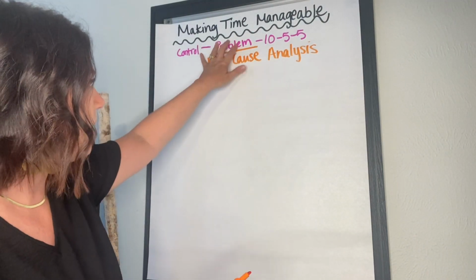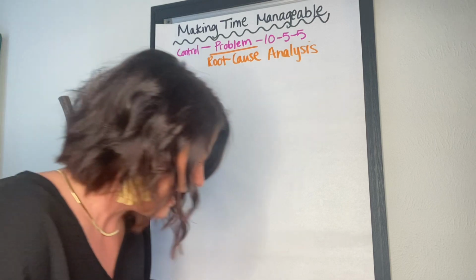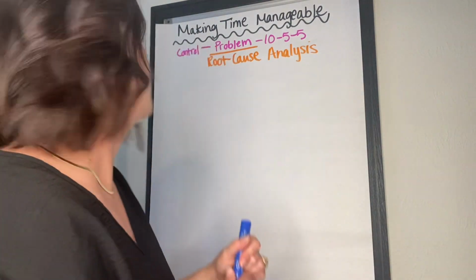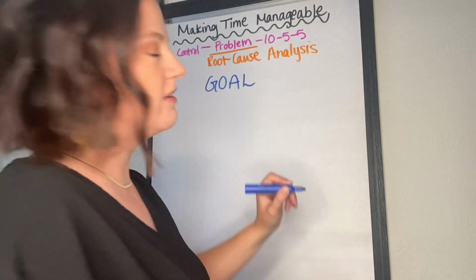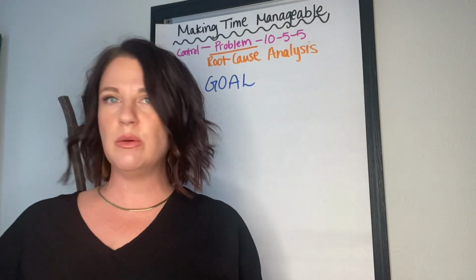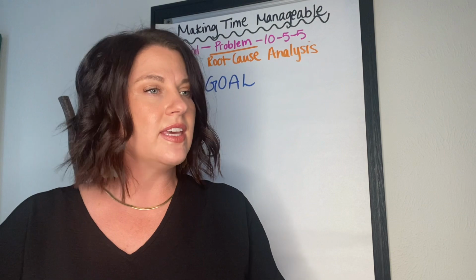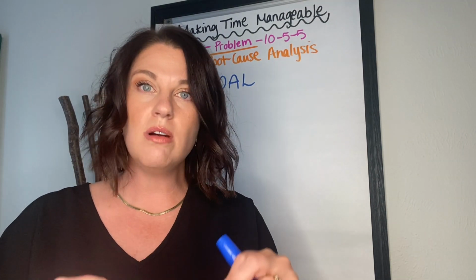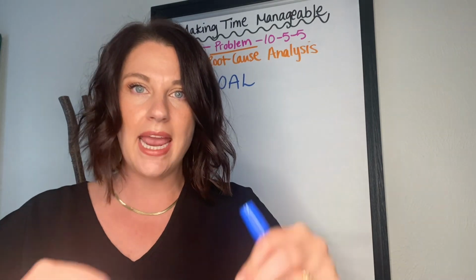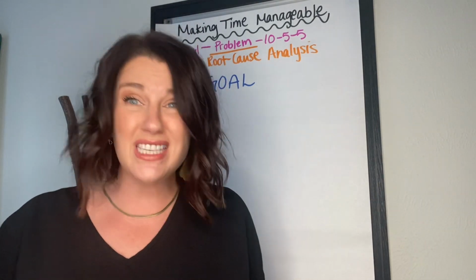So we have our problem, we have our root cause analysis, and then you are going to determine a goal. And you want it to be SMART, very specific and measurable. You want it to be realistic. And the kicker is, when you develop this goal, you are making the main thing the main thing. All other initiatives out the window.